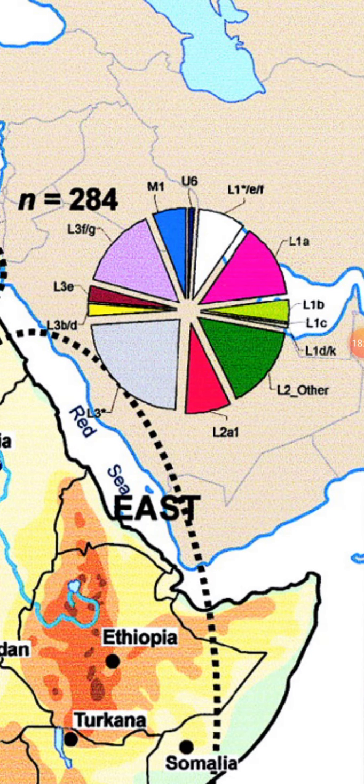So M1 and U6 is something that I have been looking into, and some Israelites tell me that their maternal line is from M1, and I've been looking into the M1 and the L5 and the L6.